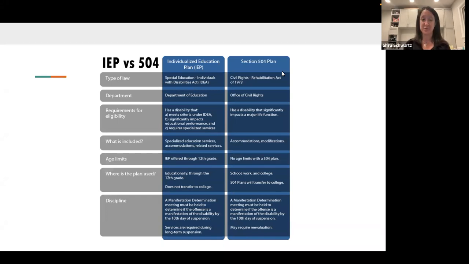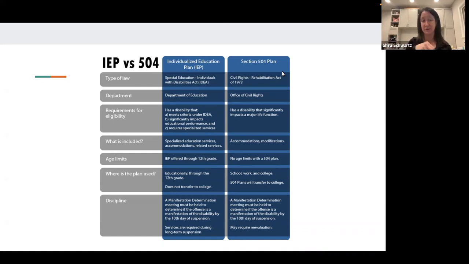An IEP has measurable goals, and you have to become eligible for it. It has measurable goals with accountability. So you would work through your goal and it would be progress monitored individually for your specific deficit areas, all the way through until you don't need one anymore.